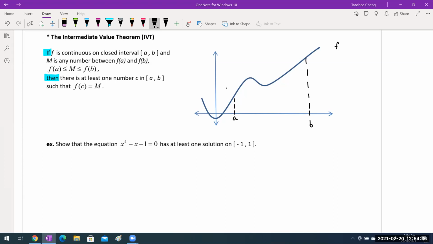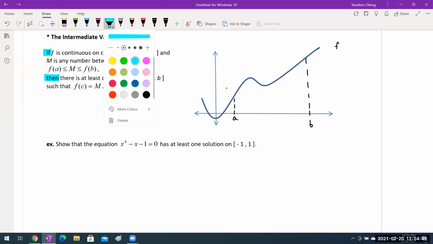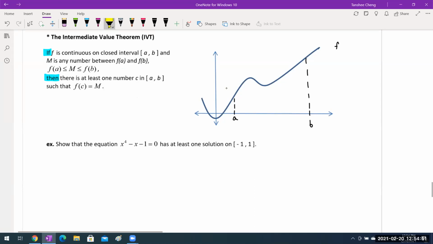In this case, it's a closed interval. So be very careful to be specific. Okay, continuous on a closed interval. Let me use a highlight with a different color. So continuous on a closed interval a, b. So that's the first criteria that we need.